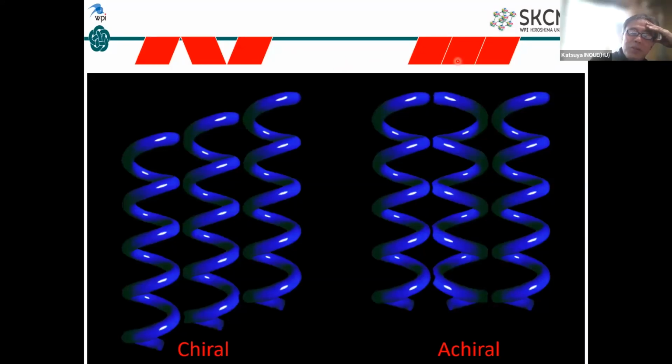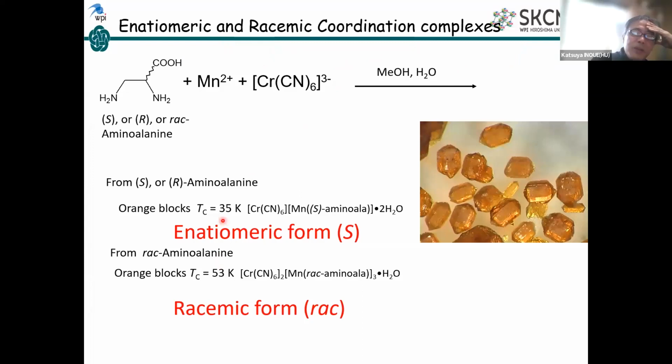Then let's look at the magnetic ordering temperature for both. For the chiral one, the magnetic transition temperature is 35 Kelvin, but for the racemic one it is 53 Kelvin.